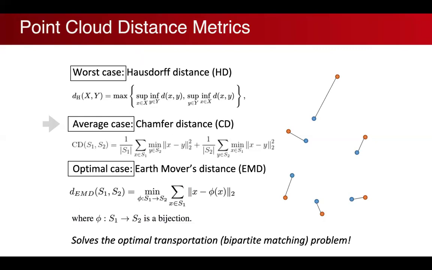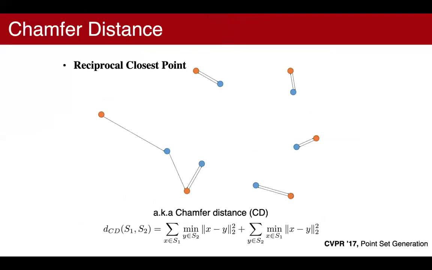But in many other applications for point sets, the chamfer distance is the choice because it's simpler and very effective. So what is the chamfer distance? The chamfer distance is simple because basically it computes the reciprocal closest points for each point.